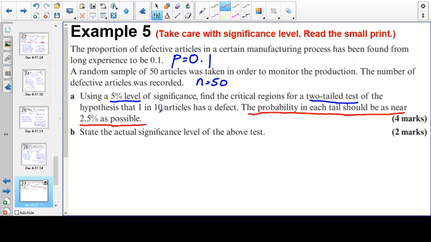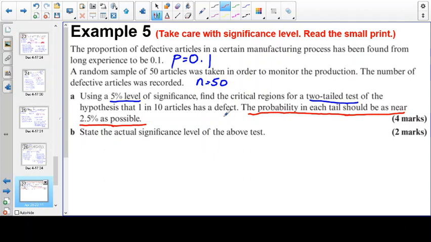Because it says that, it means that potentially one or both of them could be over 2.5%. It's just got to be close. So in this case, they're not necessarily looking for the one that goes below 2.5%. They're looking for the ones that are closer to 2.5%.